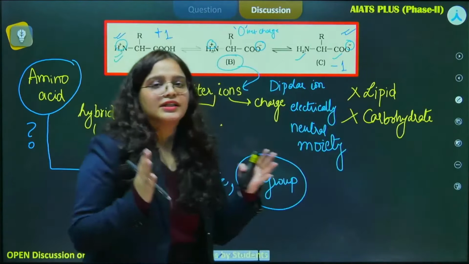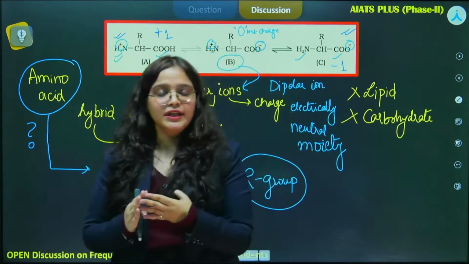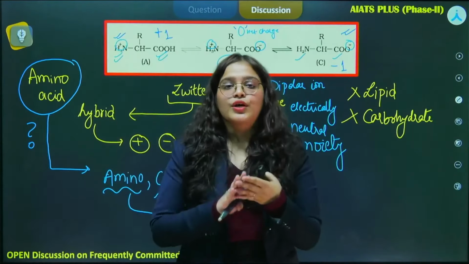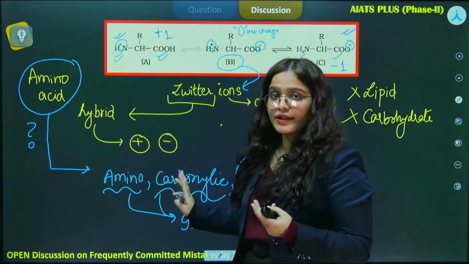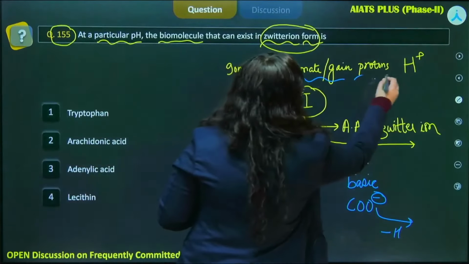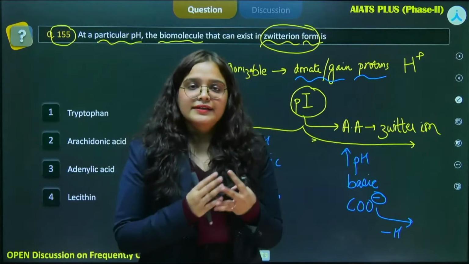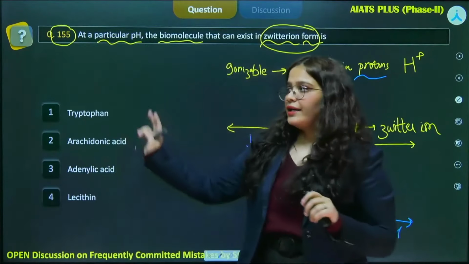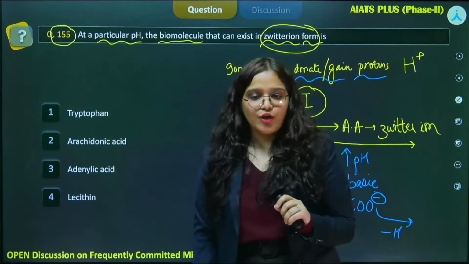So basically, the gist of the entire discussion is that amino acids have the ability to get converted into Zwitter ion because they have ionizable groups, that is amino and carboxylic, which undergo change in structure by losing or gaining protons, and thus they acquire different charges, and that is how we conclude that amino acids can form Zwitter ions.